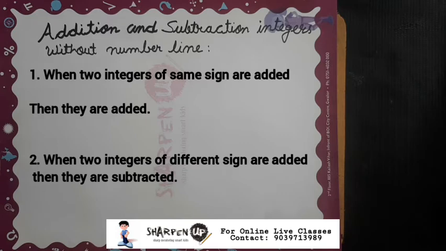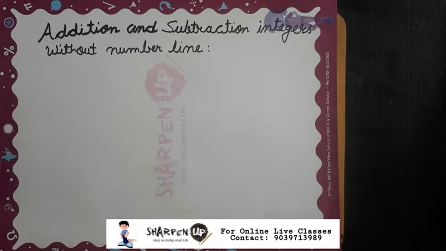The second rule: whenever we add two integers of different sign, they are subtracted. These are the two rules we have to remember. Okay, let's see some examples.